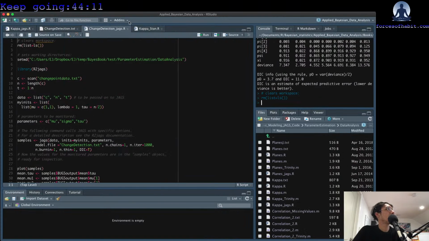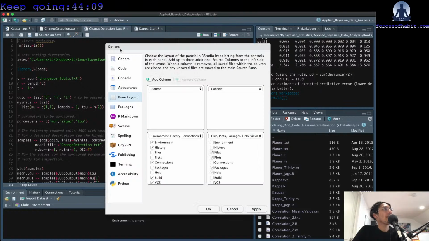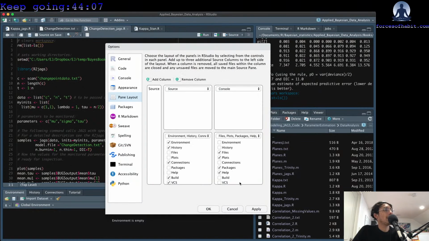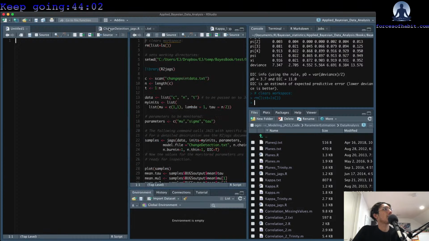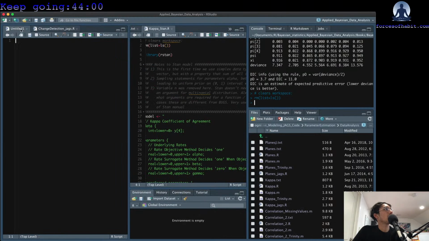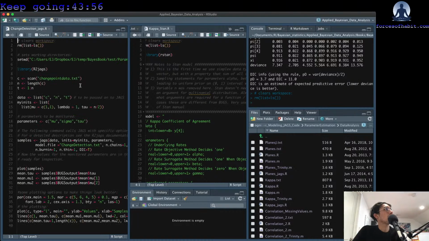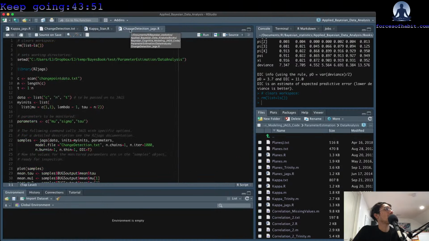Oh no. I really gotta figure out this pane layout thing. I like the jag over here. Oh, tell me I just did it again.